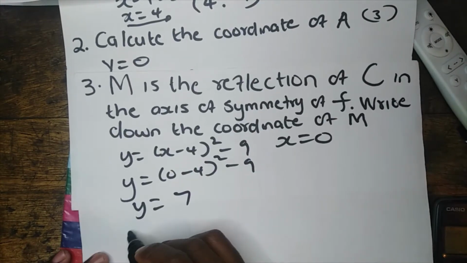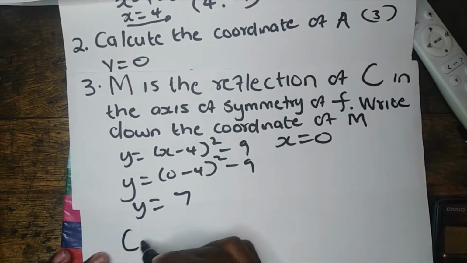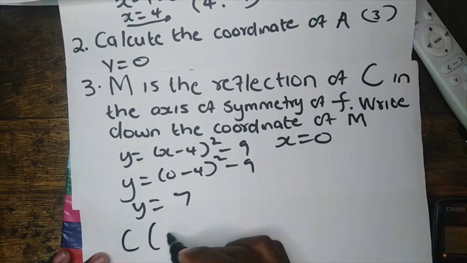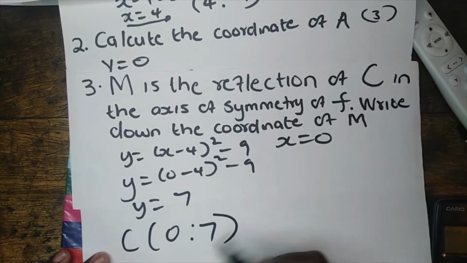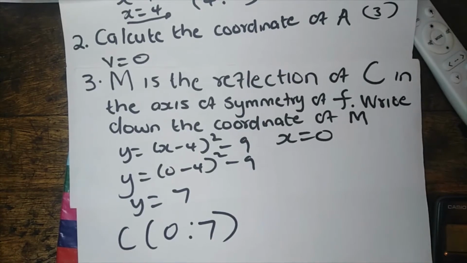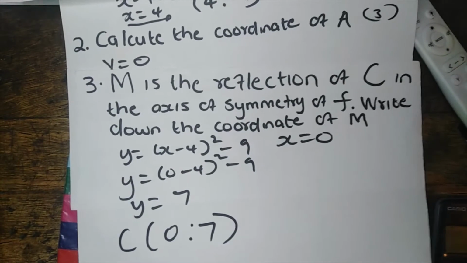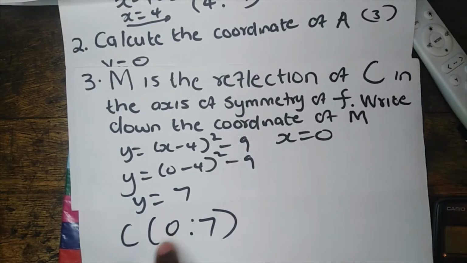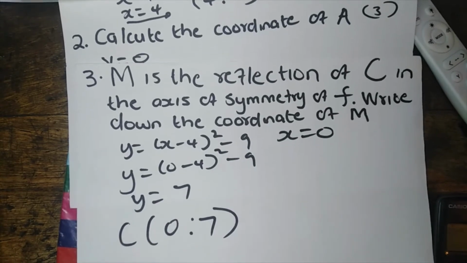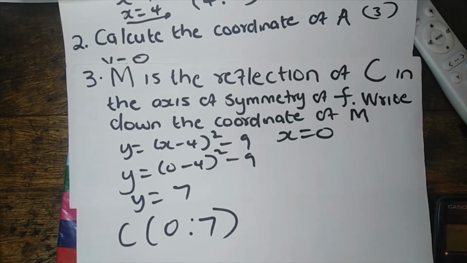So the coordinate of C is (0; 7), right? Where x is 0, our y is 7.